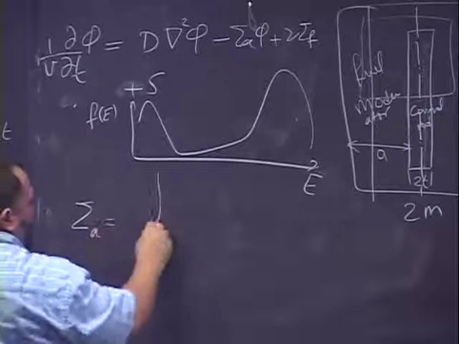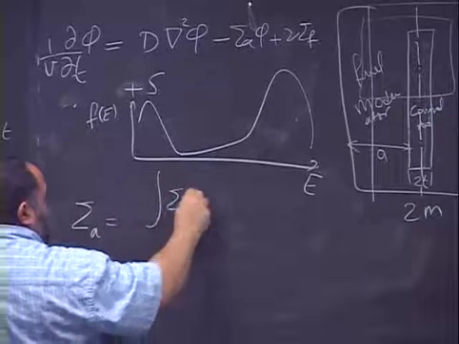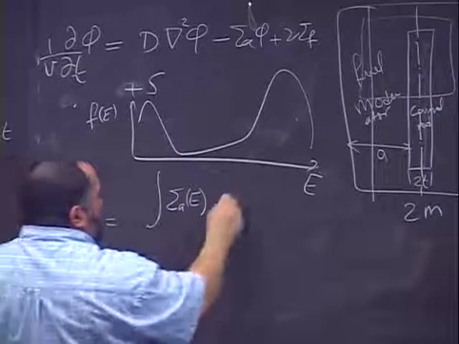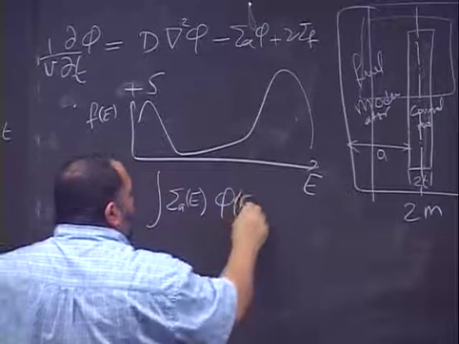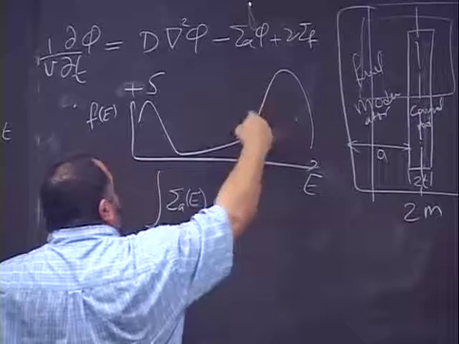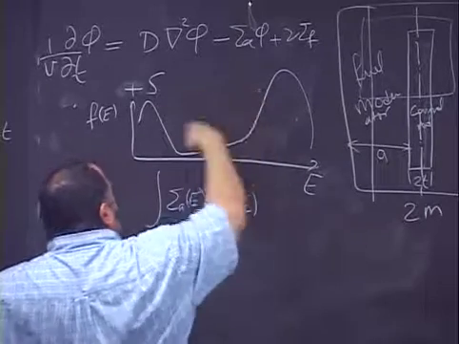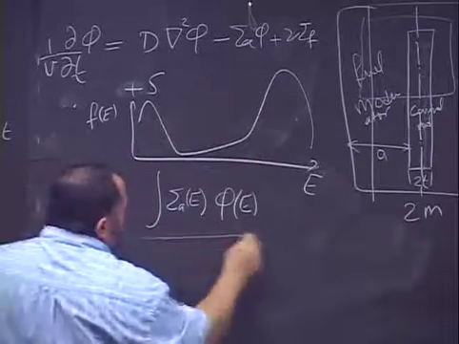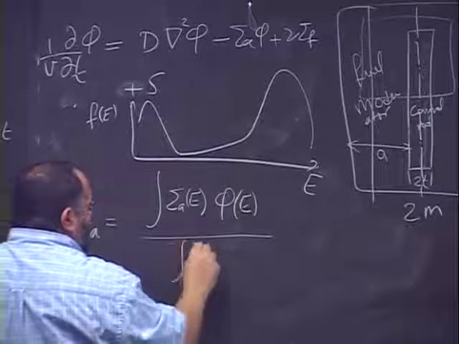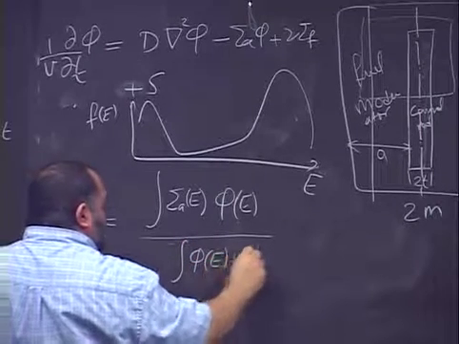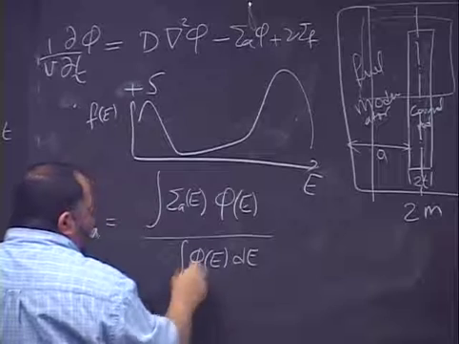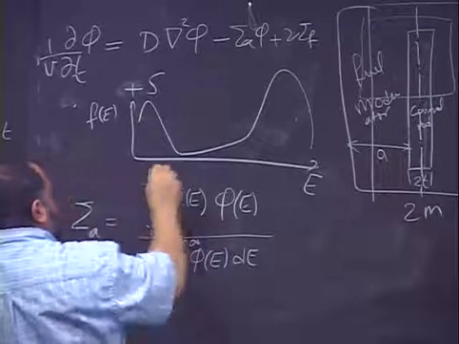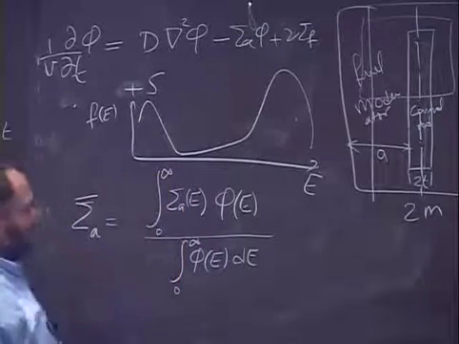We multiply it by the flux as a function of energy, divide by the flux as a function of energy, dE, and integrate from 0 to infinity, and this will give you the average absorption cross-section.